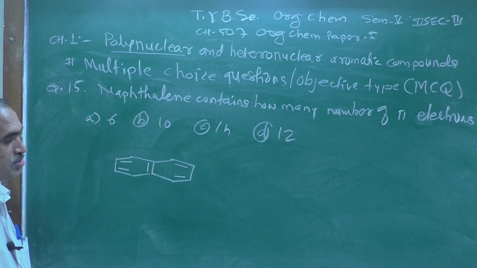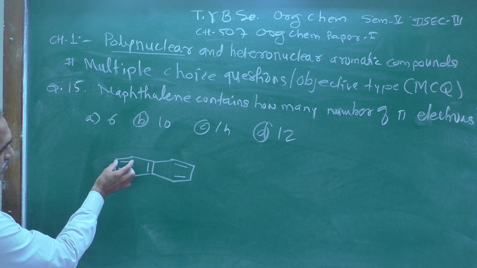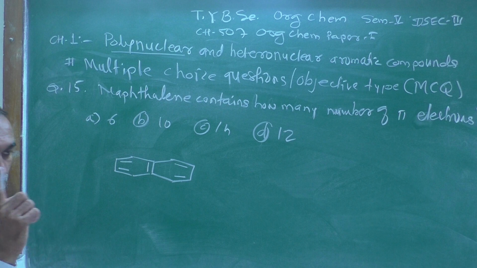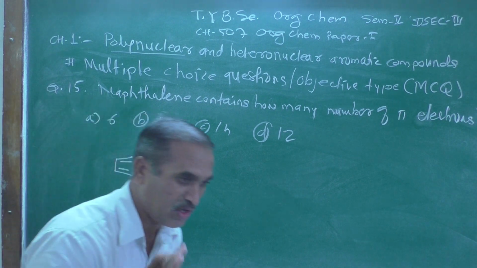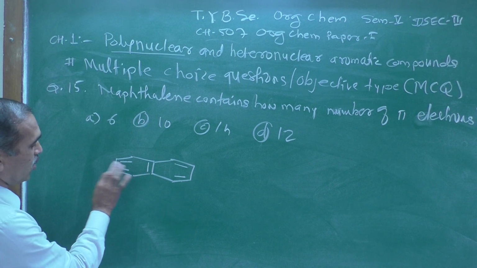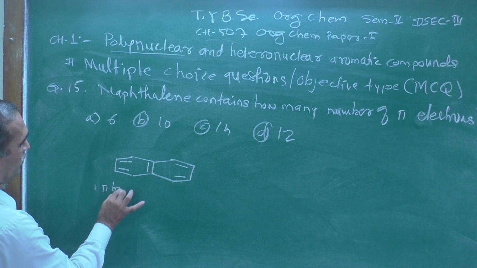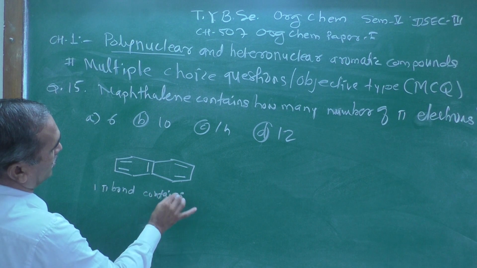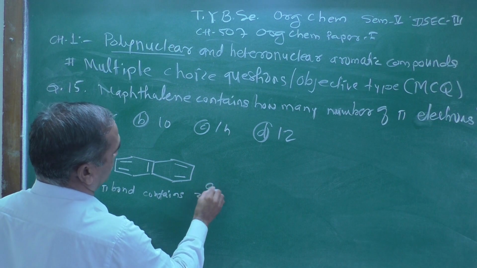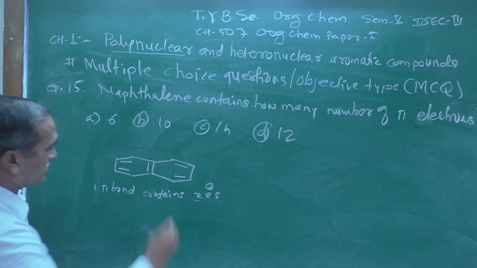See, this is the structure of naphthalene, and this is a pi bond. A carbon-carbon double bond is called a pi bond. How many pi bonds are there? Remember, one pi bond contains 2 electrons.